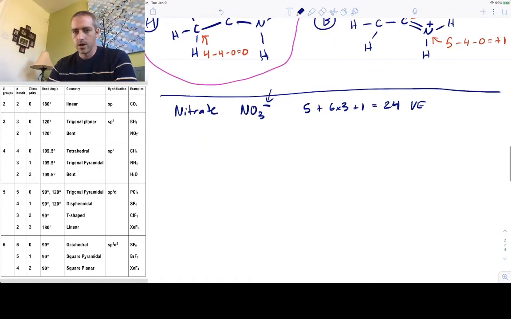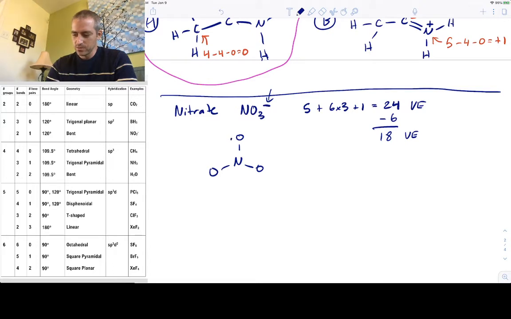What we're going to do is draw out our structure now, nitrogen in the middle. We've just used up 6 electrons to draw those 3 single bonds to connect everything up, which leaves us with 18 valence electrons, which we're going to use to fill the octets of the outer atoms.